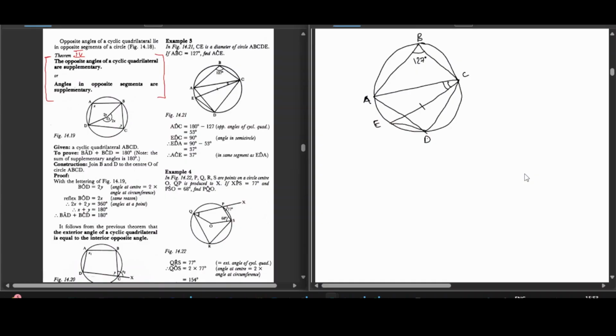I don't want to have a blockade, or tunnel vision, as they say in English. Tunnel vision is failing to see things, or failing to think outside the box. Like we are focused on solving, in this case, ACE. So you fail to see how other angles connect to give you ACE.